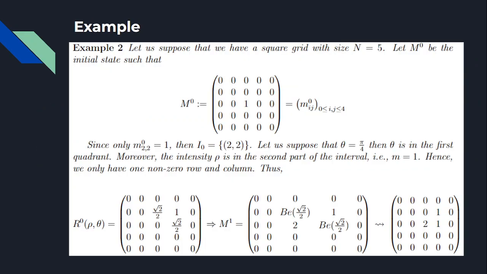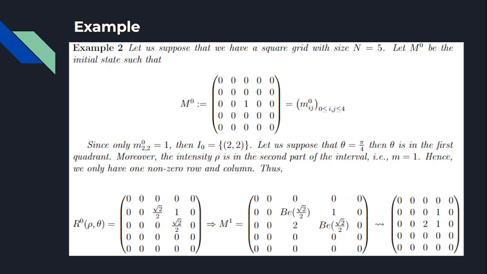Now, I'm going to show this process through an example, which, in my opinion, is the easiest way to understand it. First of all, we denote healthy cells with 0, infected cells with 1, and dead cells with 2, and the size of our square grid will be 5. As we can see in the slide, in the initial step, we only have one infected element, so the I subscript 0 set obviously only has one index.